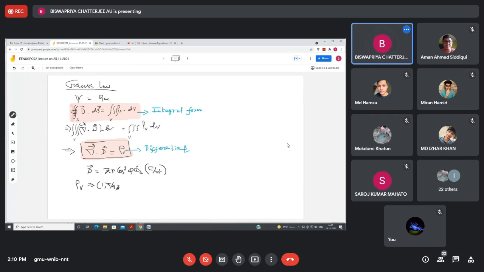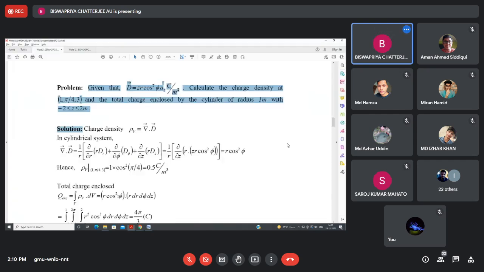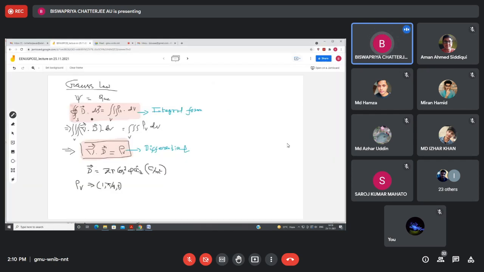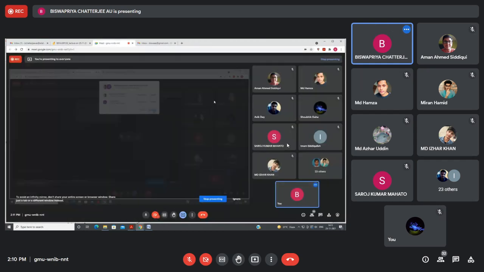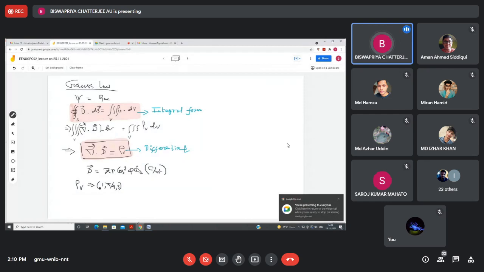And you also need to calculate the total charge enclosed by the cylinder of radius 1 meter. So let us first solve this rho v.